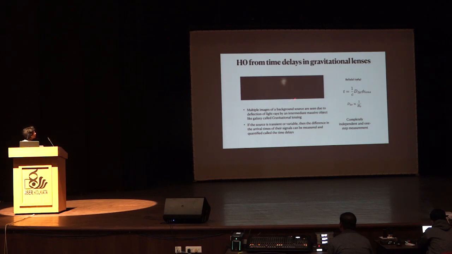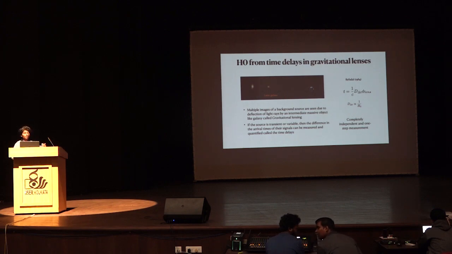So we expect that a distant source which is well aligned with a massive galaxy in the foreground will show multiple images of this background source, and if the sources are transient and variable, then we can see the time delay between these multiple images, because these different images cover different geometrical paths and experience different gravitational potential.